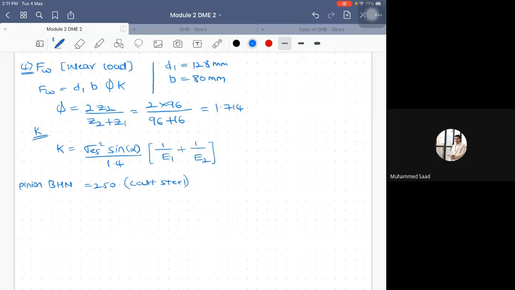Great. Next, the gear. Cast iron is the material, but it's the gear we want. So what is the BHN of the gear? 350? Sorry, 180. Am I right?